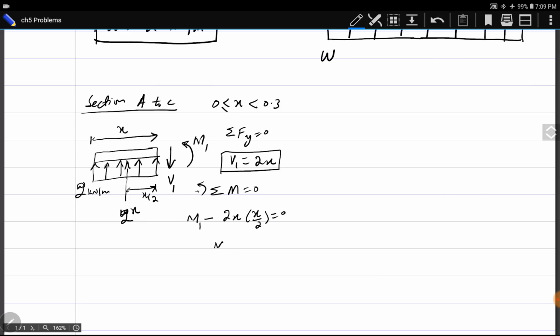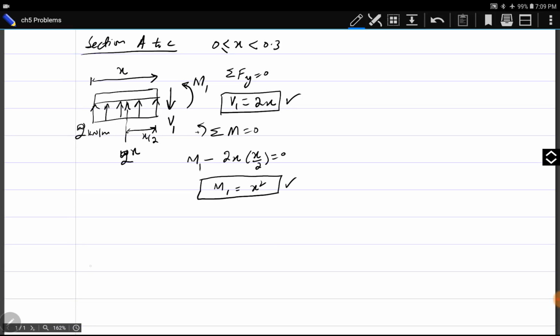So M1 becomes x squared. Shear force is a linear function of x and bending moment is a quadratic function. Bending moment will always be one degree higher than shear force.